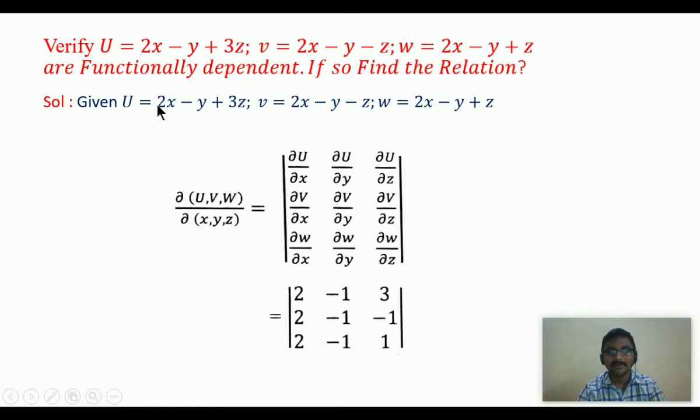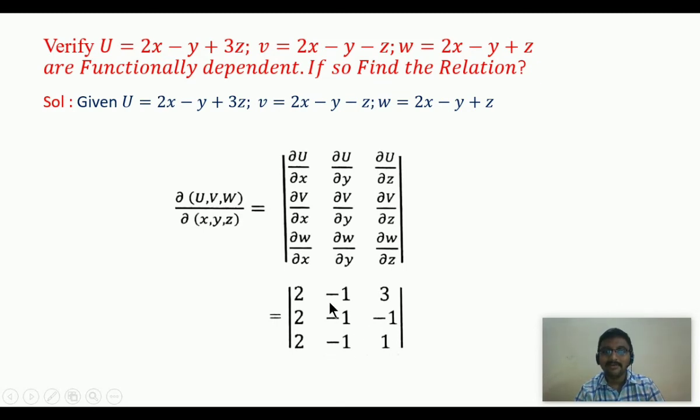Computing the partial derivatives of u with respect to x, y, z. For example, u with respect to x derivative, that is dou u by dou x is 2. Minus y derivative 0, 3z derivative 0. Another example, dou w by dou x: 2x derivative 2, negative y derivative 0, z derivative 0, that is 2. So it is the determinant of 2, minus 1, 3; 2, minus 1, minus 1; 2, minus 1, 1.